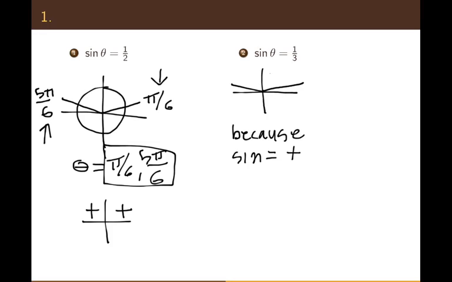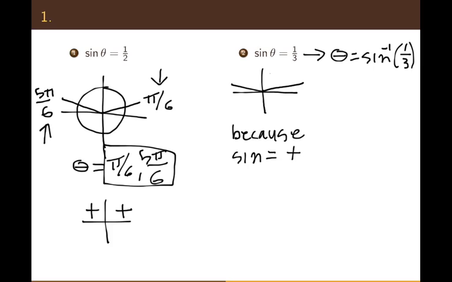It's 1/3. The first thing that probably comes to mind on how to solve this is to write it as theta equals sine inverse of 1/3. And that is certainly a solution. So which one is it? Is it the solution in the first quadrant or the second quadrant?